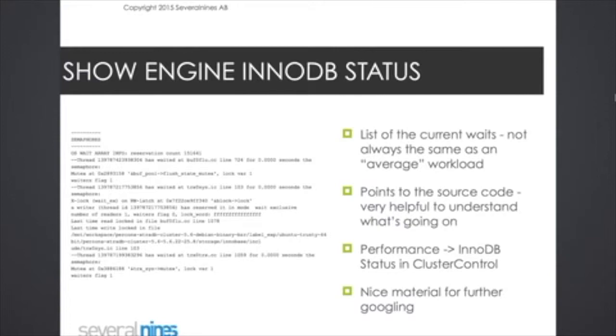In ClusterControl, the engine InnoDB status is available in the Performance and Engine InnoDB and InnoDB Status tab. So it's pretty easy to check, and it also provides nice material for further googling, because it's plain text. You can copy-paste it. You can feed Google with some of the data from here.